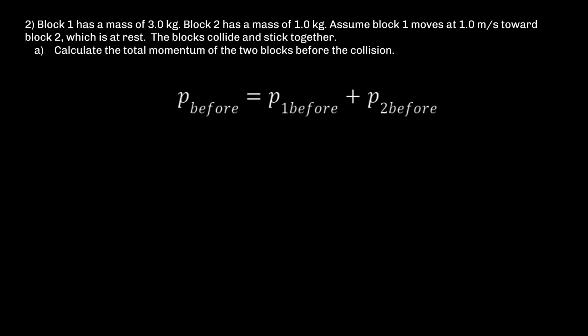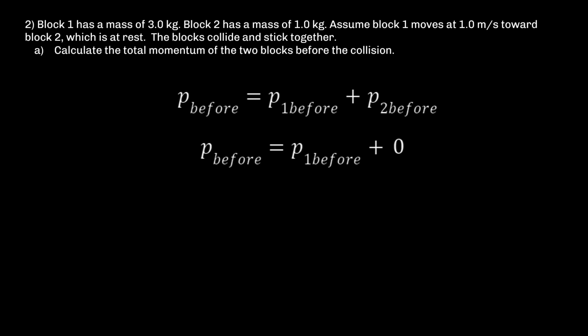We do know again that we must have movement in order to have momentum. We must have that velocity. Block 2 is at rest, so it has no momentum. So we have here again, the momentum before the collision is equal to the momentum of just P1 plus 0 for the momentum of object 2 here.